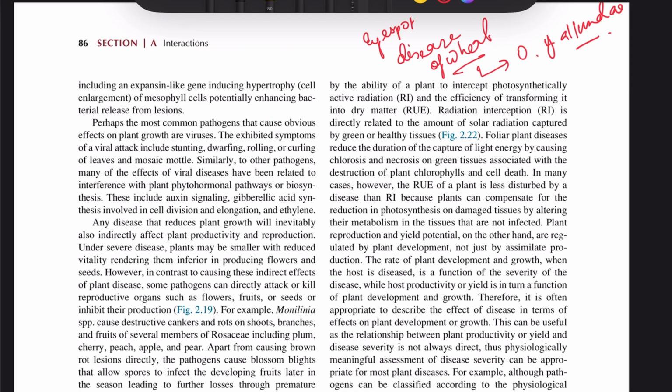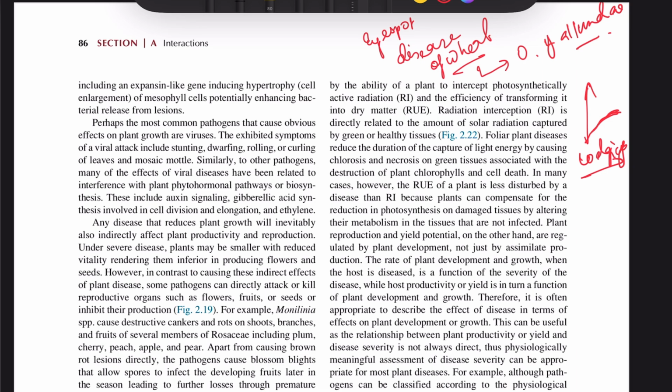Lodging means what? The plant should be straight, right? If the plants fall over like this, the term is called lodging. It's the agronomical term. It interrupts nutrient flow to the grain, leads to whiteheads. Whiteheads, how will the symptoms look?